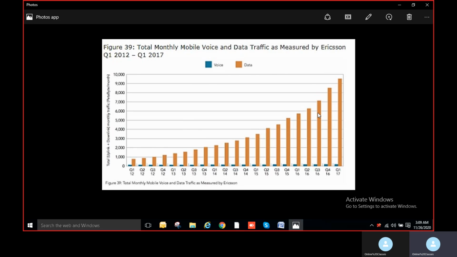In this, voice call was minimal compared to data. This was monthly traffic data. In the same way, from 2013 to 2018, voice call traffic was approximately 150 to 180 petabytes only, while data traffic increased from 1,000 petabytes to 6,500 petabytes per month for the whole world.